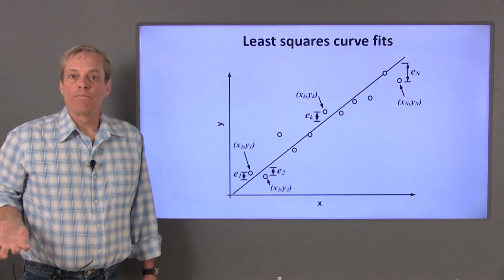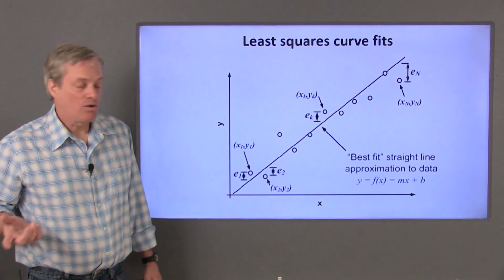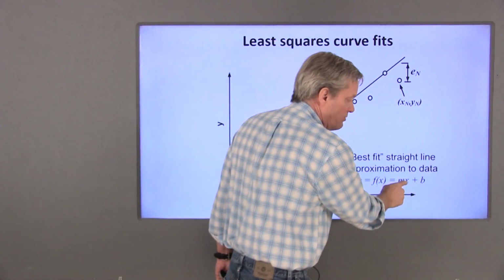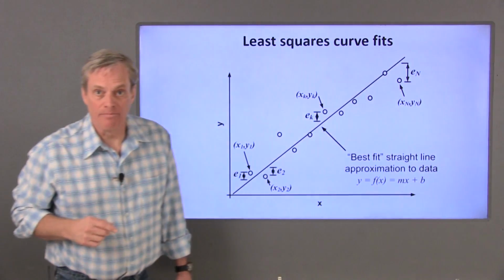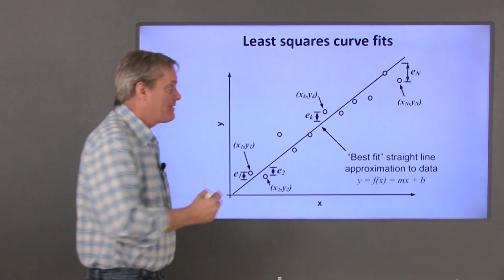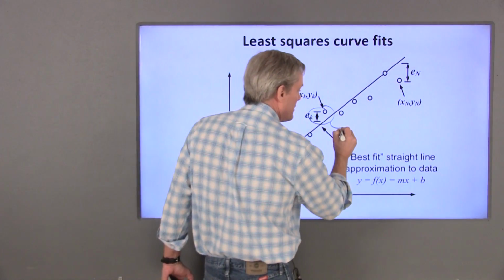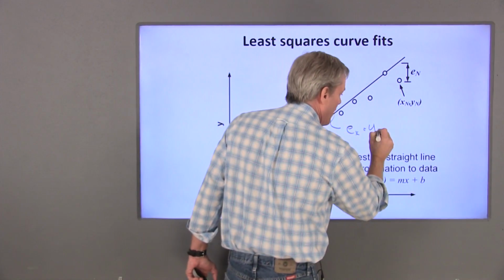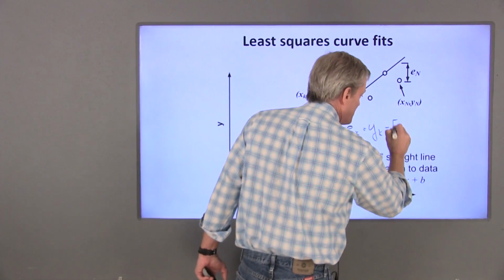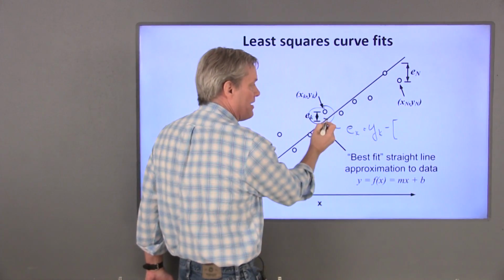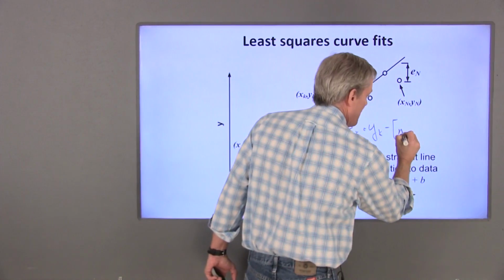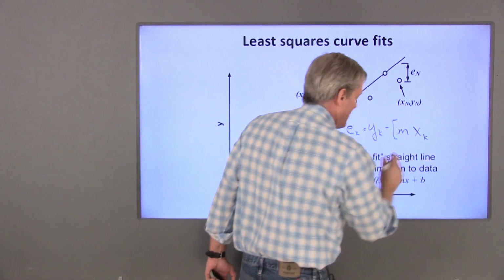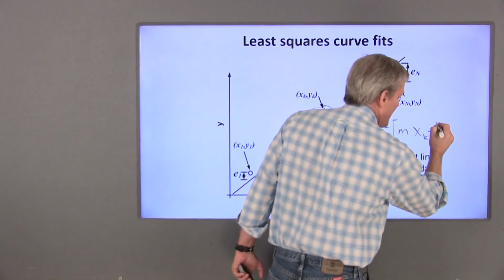Since we've chosen to represent the data by a straight line, the equation of the line is y is equal to m times x plus b. So at the kth data point, e sub k is equal to the data value, y sub k, minus the value of the line at that point, which will be m times the value of x sub k plus b.